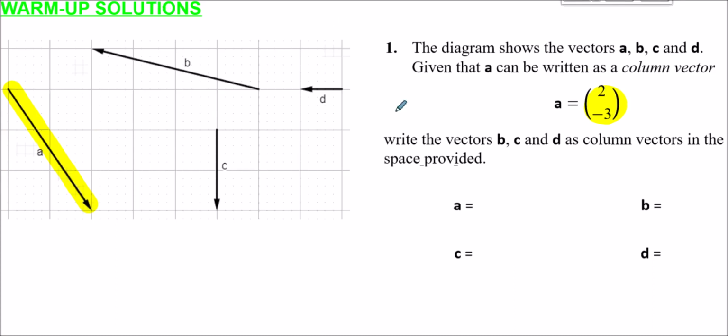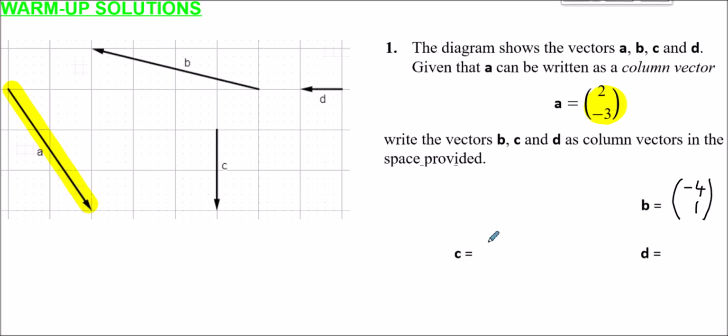Although I've put a here, we don't need to do a again, so I'm just going to focus on b, c and d. For b, we're going 1, 2, 3, 4 to the left, so it's minus 4 for the top number, and we're going 1 unit up, so it's (minus 4, 1).